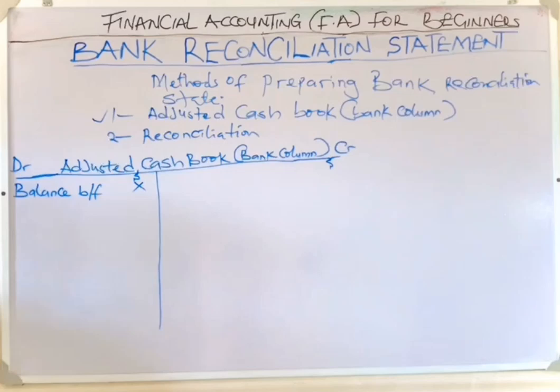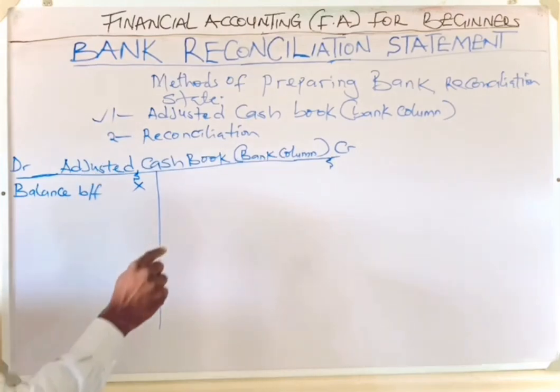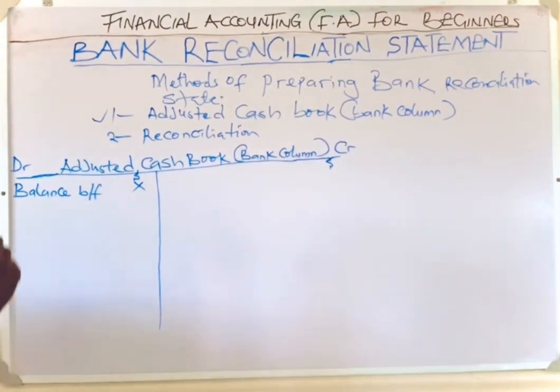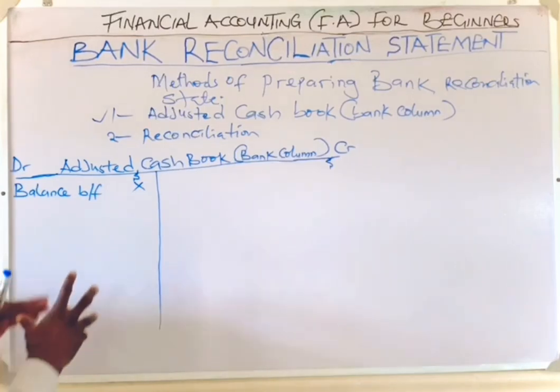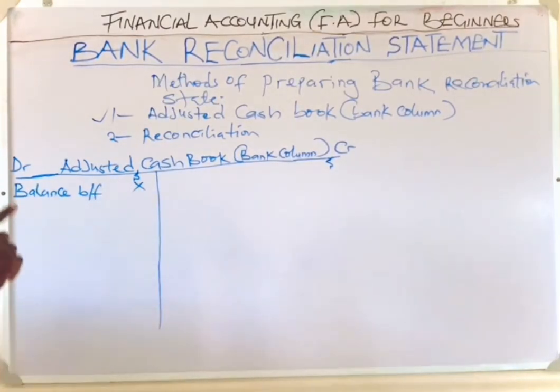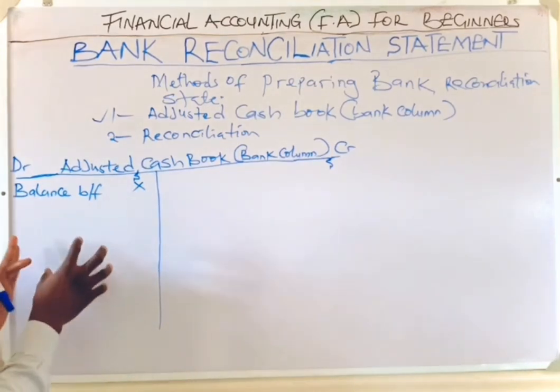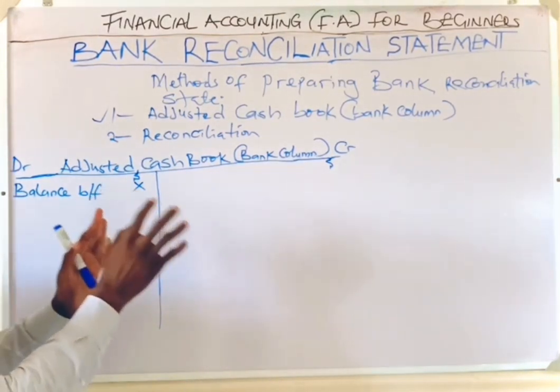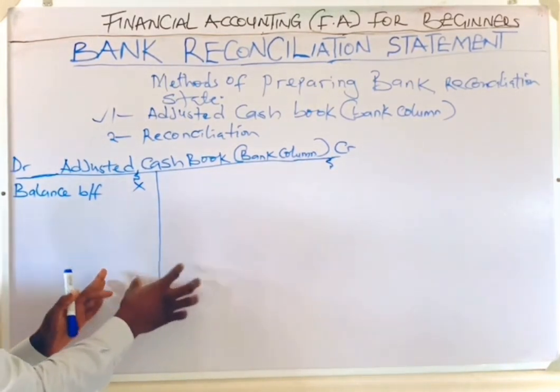So now, if you will recall, in my last video I listed the items in the bank statement that are not in the cash book, and also items in the cash book which are not in the bank statement. When you are adjusting the cash book, those items in the bank statement which are not in the cash book are the items we're going to use to adjust our cash book.